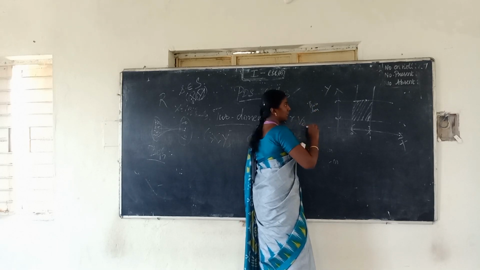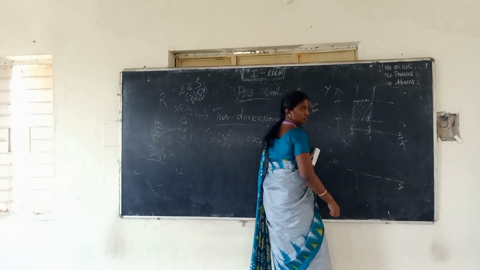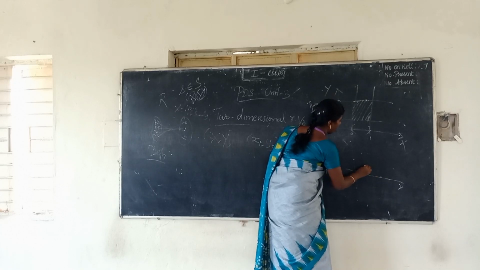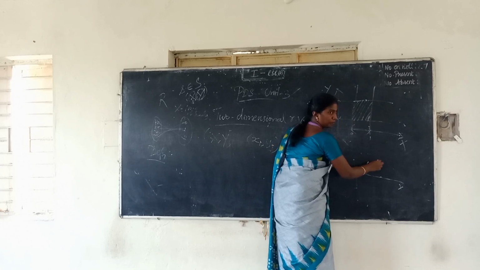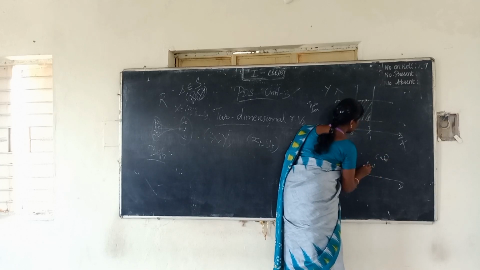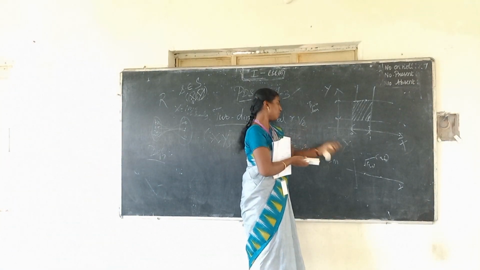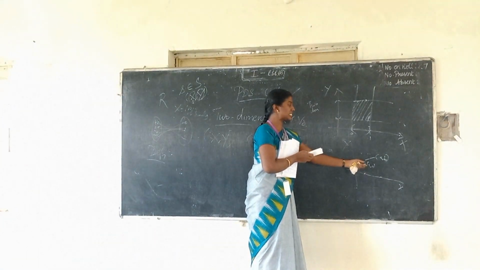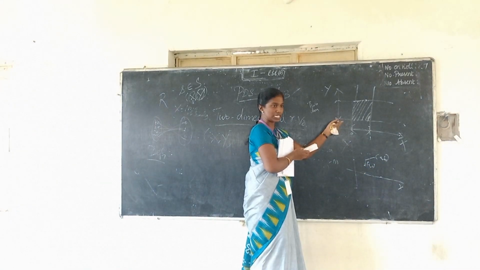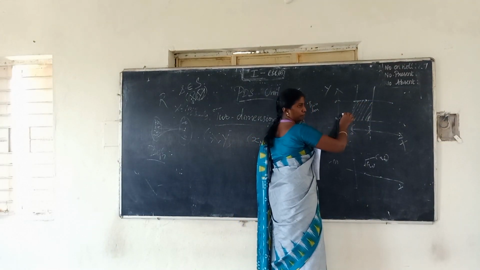In the case of discrete, how can the graph be? x, y, some point alone. For example, here a point. You just plot the point 1, 1, 2, some other point a, b, some other point. So just points, not anything like a region. Okay. For the discrete random variable, we are just plotting the points in the graph. But for the continuous random variable, we are going to find the area of the region.